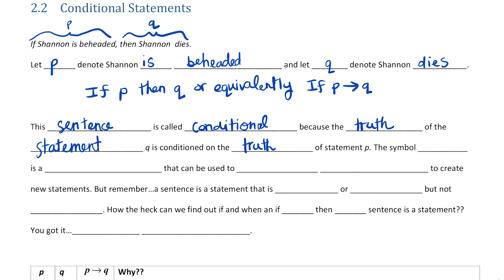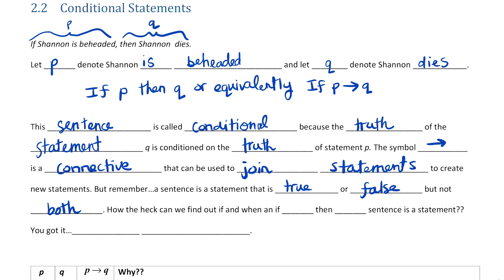So logic is kind of another animal. So be open-minded. That arrow symbol is a connective that can be used to join statements to create a new statement. But remember, a sentence is a statement that is true or false, but not both.